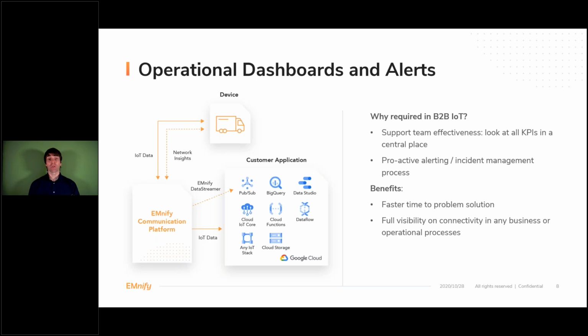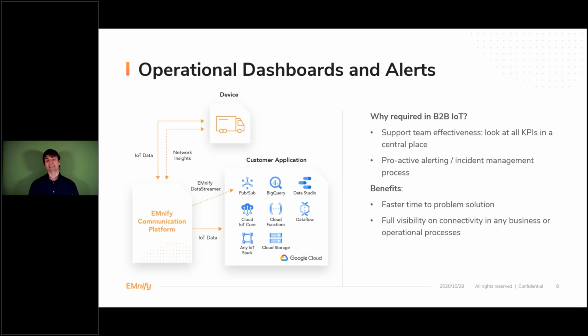Everything is, of course, available in our communication platform, so you can look at it in our web portal. But if you are building your IoT solution on Google, you also want to have that data directly in your Google services, so it is integrated in your operational dashboards and in your operational flows.